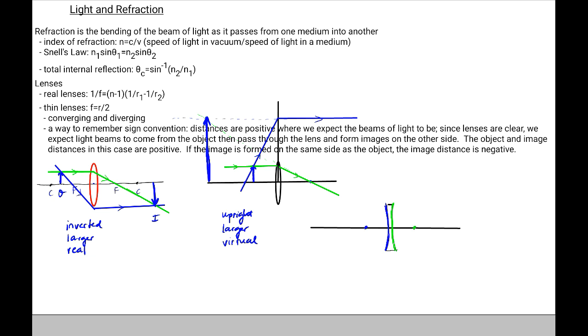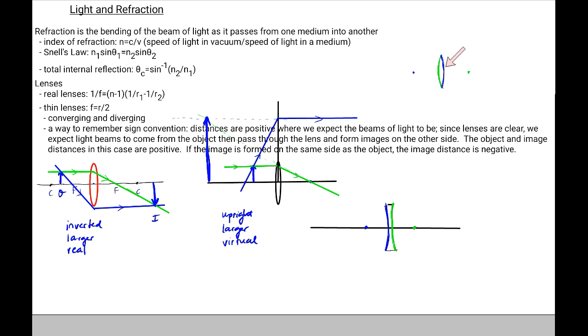If I look back at my converging lens, so I'll draw it up here. So converging lens, this surface has a focal point here. That surface has a focal point there. So comparing these two, the first curved surface has a focal point on the other side of the lens.